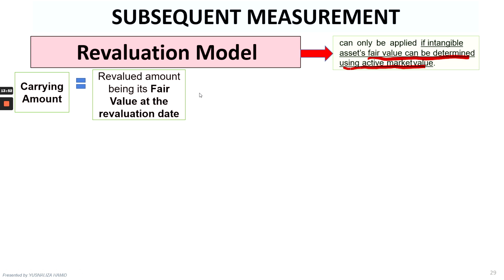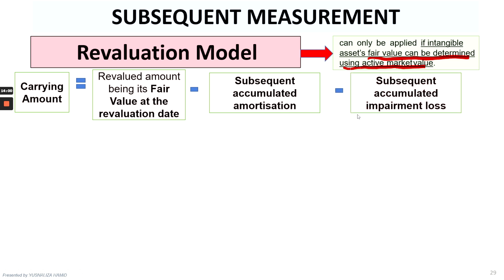The revalued amount is the fair value at the revaluation date less the subsequent accumulated amortization and less the subsequent accumulated impairment loss. Exactly the same as per MFRS 116, with the exception that the term amortization is now taking over the term depreciation.